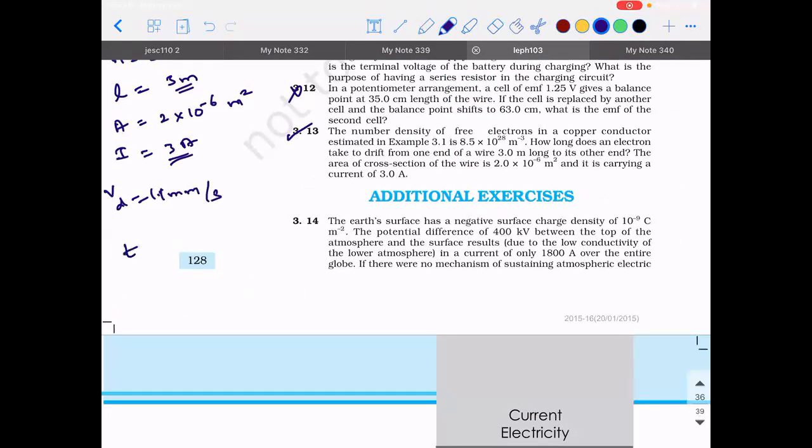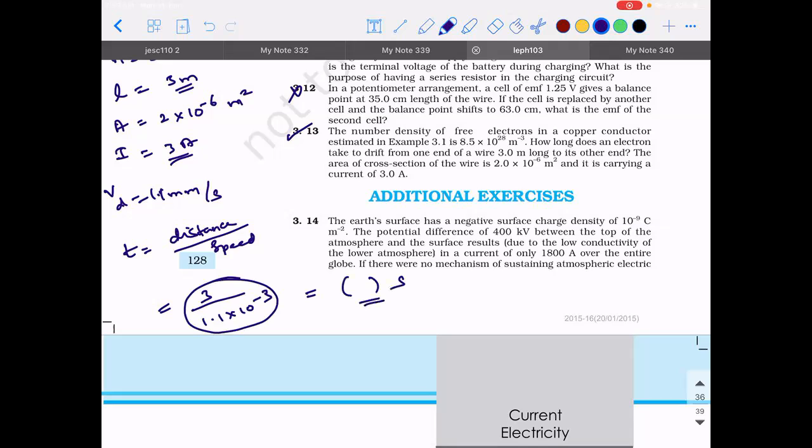Okay, they're asking what is the time. Time is equal to distance divided by speed. Distance is 3, divided by speed 1.1 into 10 power minus 3. So when you calculate this value, that will give you the amount of time it takes to travel from one end to another.